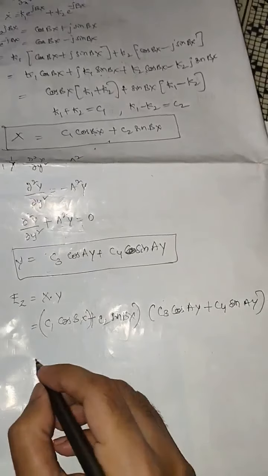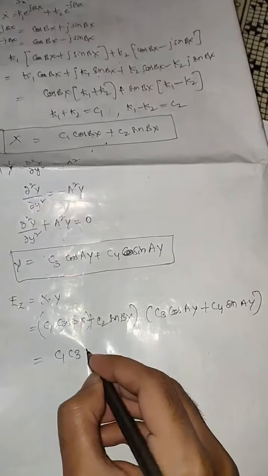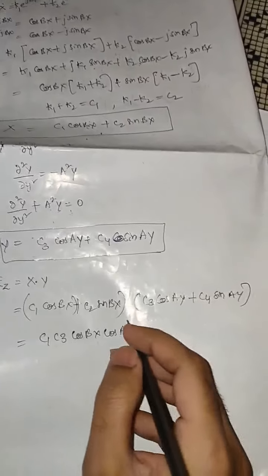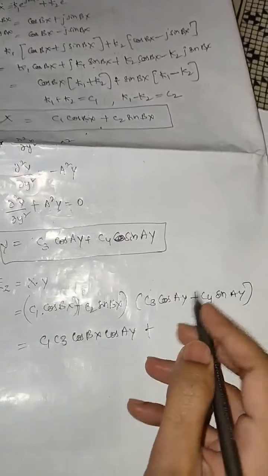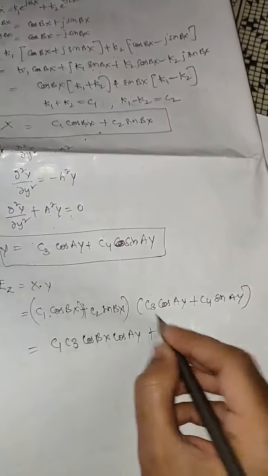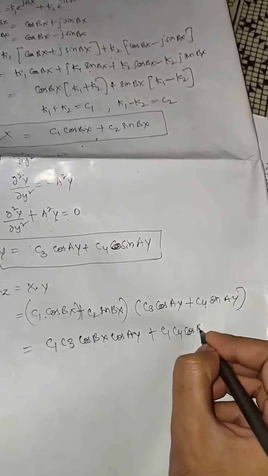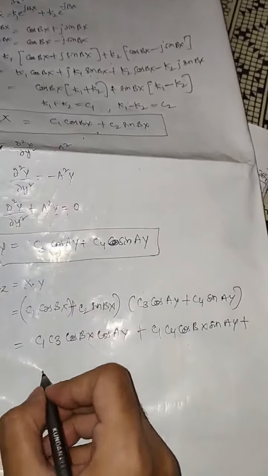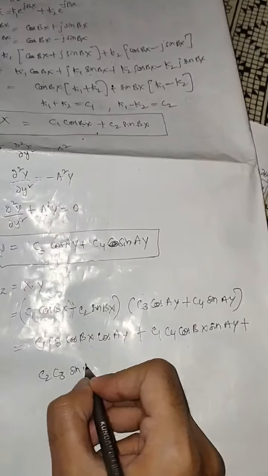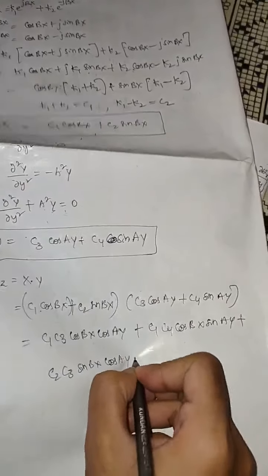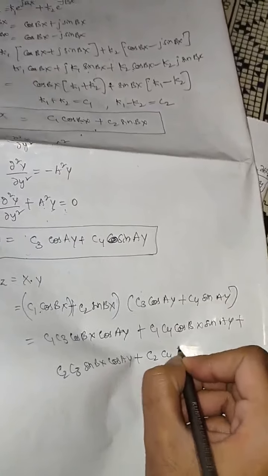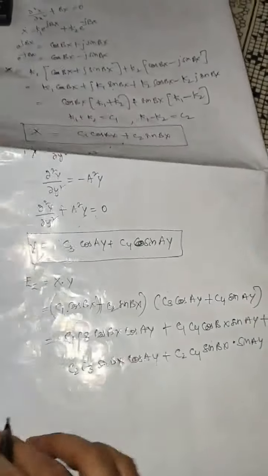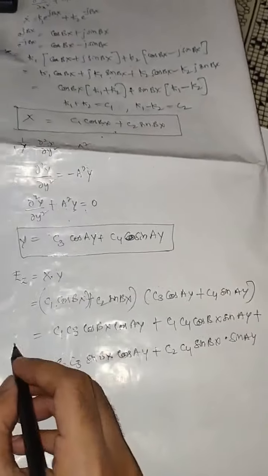So c1 c3 cos bx cos ay plus c1 c4 cos bx sin ay plus c2 c3 sin bx cos ay plus c2 c4 sin bx sin ay. Okay, so this is the Ez expression.